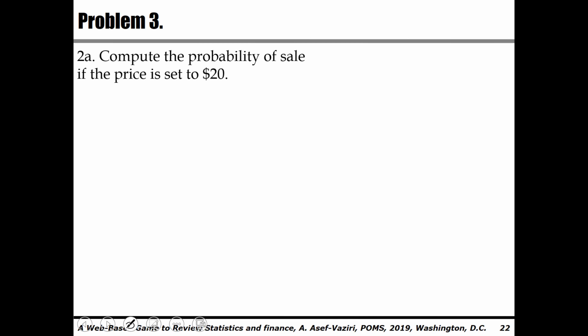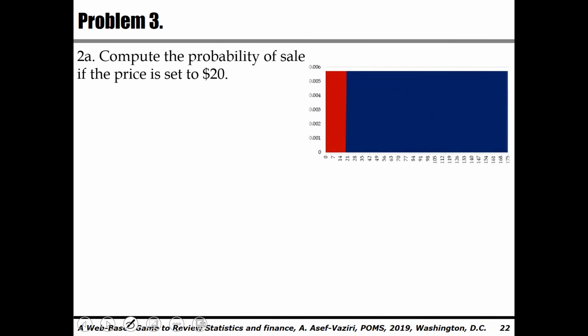Compute the probability of sales if the price is set equal to 20. So this is the probability distribution, and this point is 20. And this height is 1 over 175. And this point is 0.